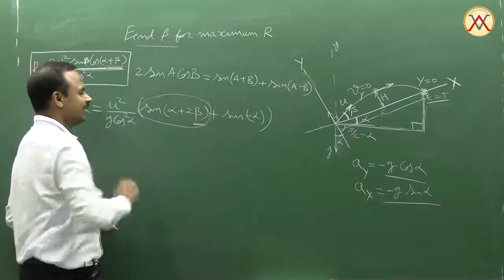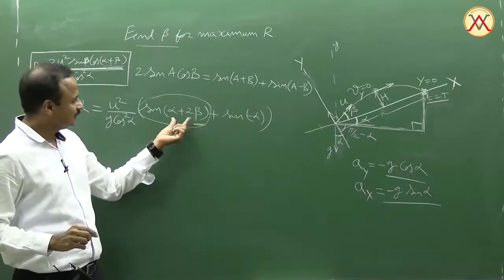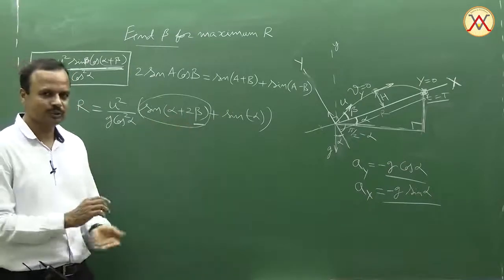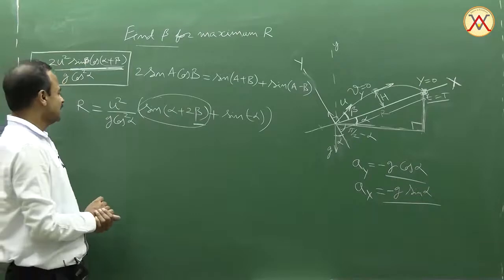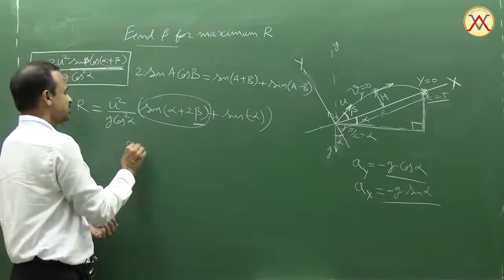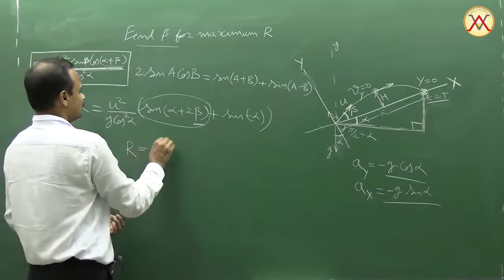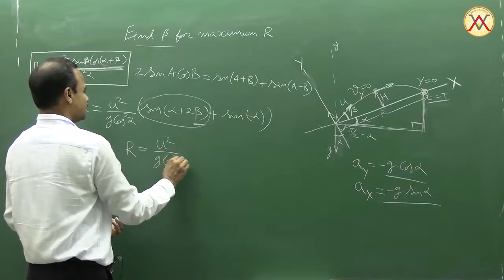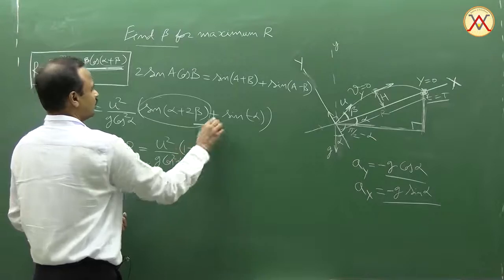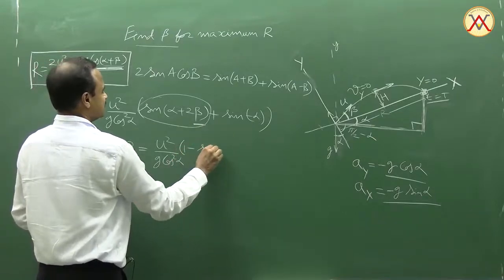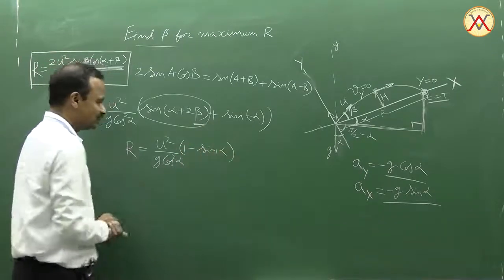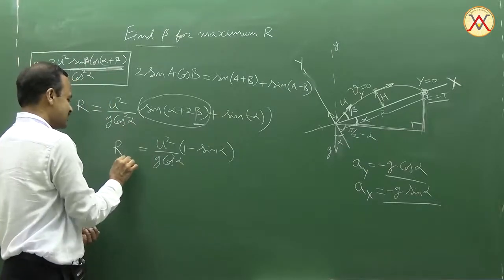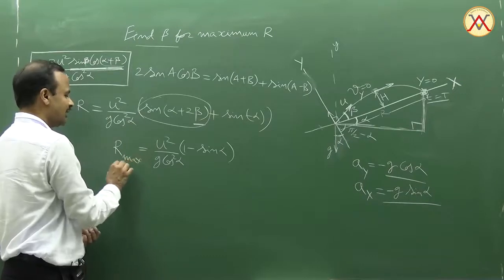What is the maximum value of the term containing beta? Sine of anything has maximum value 1. So our range becomes u square by g cos square alpha times 1 minus sine alpha. Sine of minus alpha is minus sine alpha. So this is R max, the maximum range along the inclined plane.